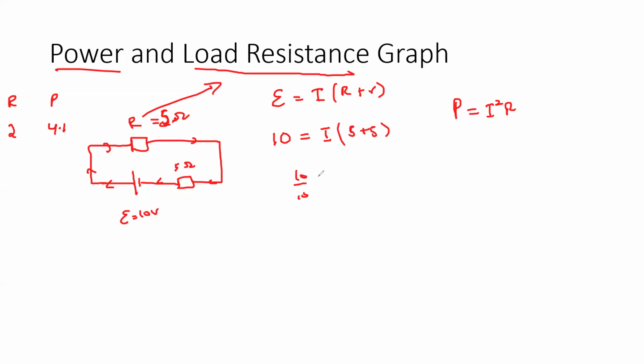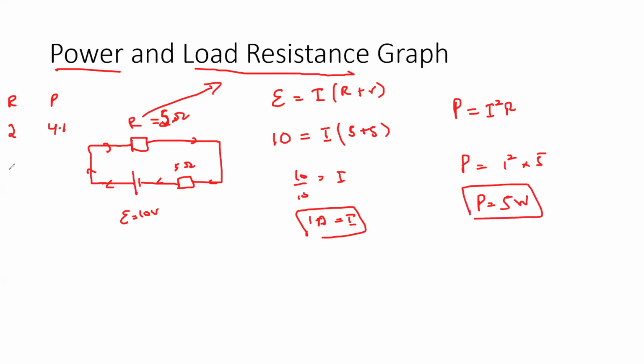So 10 divided by 10, which is 1. So the current is 1 ampere. What about power? It will be 1 square multiplied by 5, so we got 5 watts. So when the resistance is 5, the power is also 5.